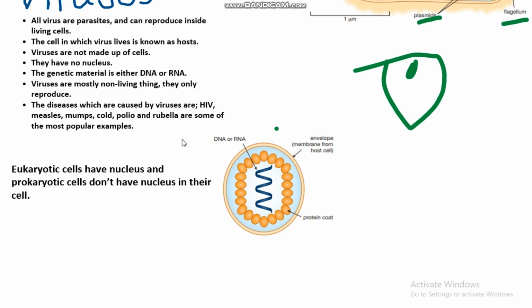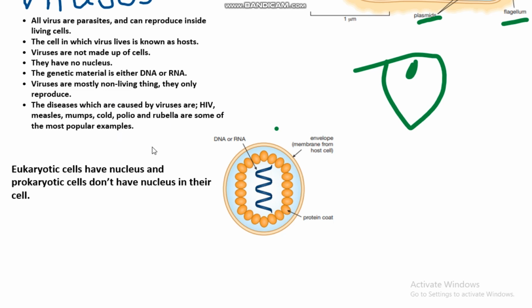Viruses are mostly considered non-living things, because they only reproduce. A living thing should at least respire, feed, excrete, move, grow, or respond. They don't do this, which places them in between living and non-living, as they only reproduce inside a living cell. They cannot live without a host cell.